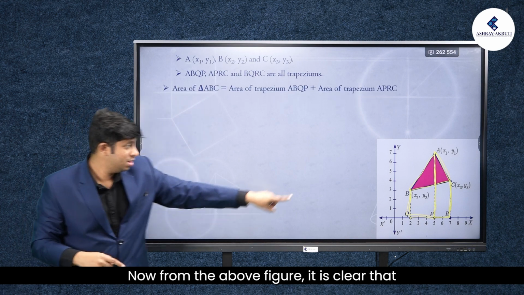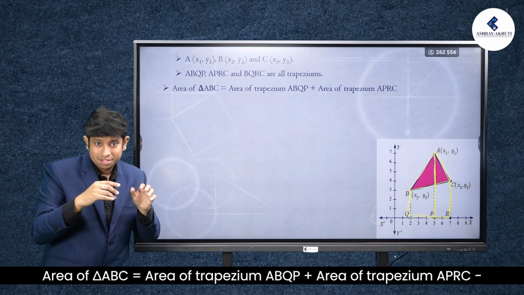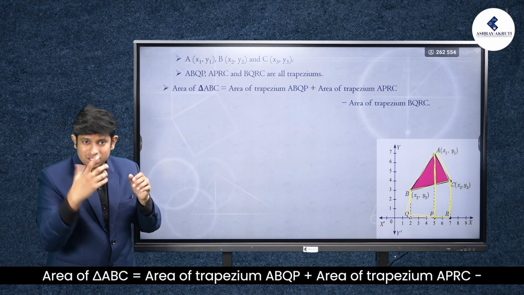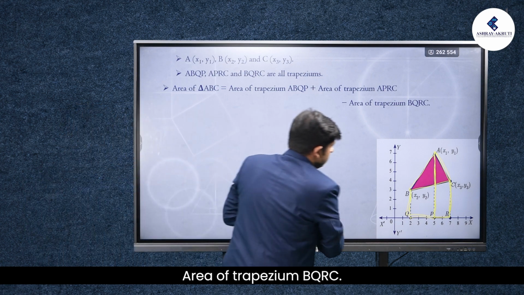Now, from the above figure, it is clear that area of triangle ABC is equal to area of trapezium ABQP plus area of trapezium APRC minus area of trapezium BQRC.